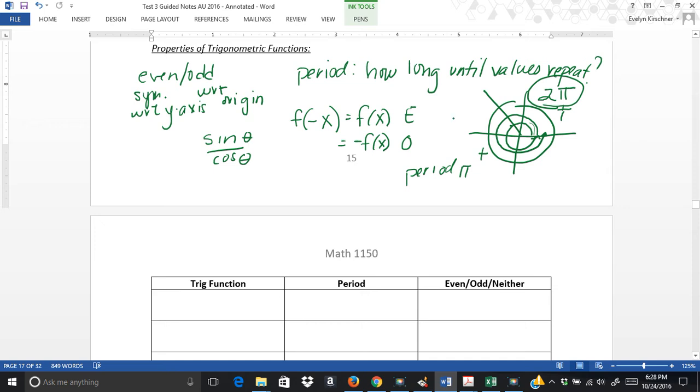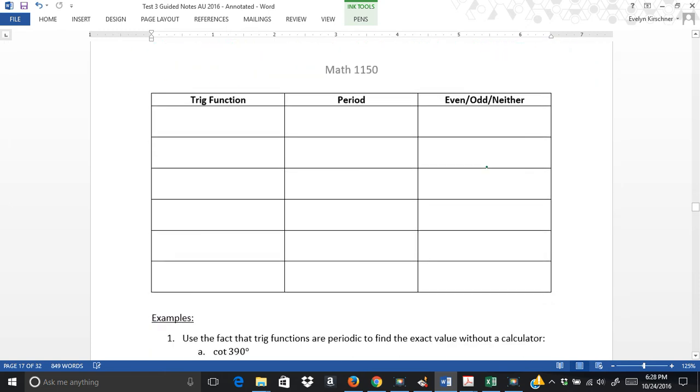So remember, if we have periods for sine, cosine, and tangent, then the periods are the same for their inverse functions. So let's just look. For my trig functions, sine has a period of 2 pi.